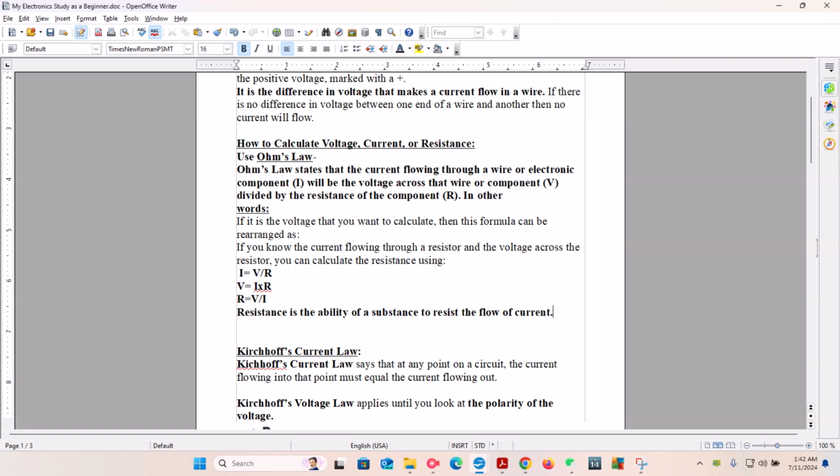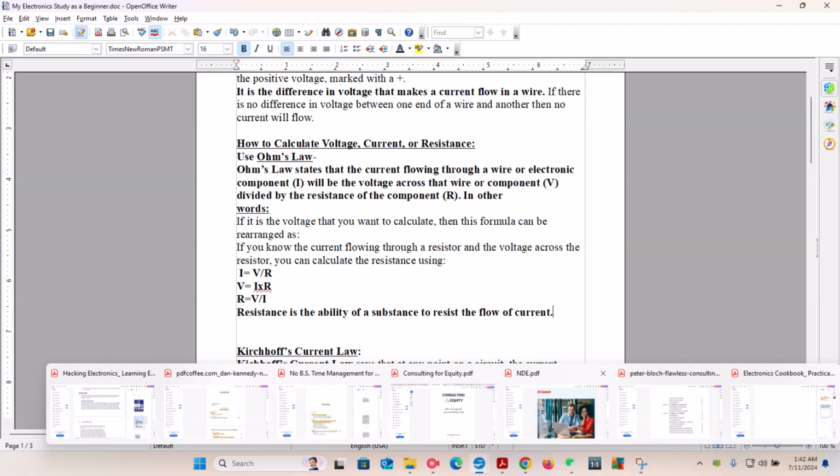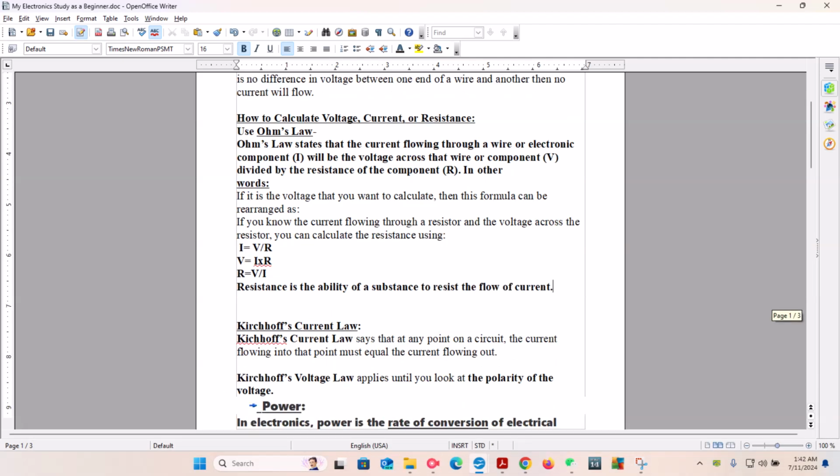You have the water, and you have the push of the water, which is the current. The water itself is the voltage. The resistance is a force that's stopping the current from moving. Okay, so that's basically what it is.